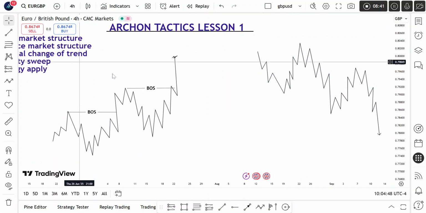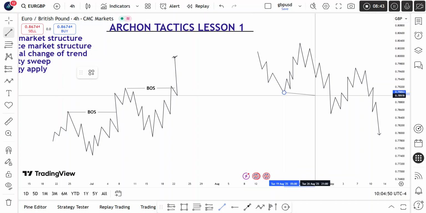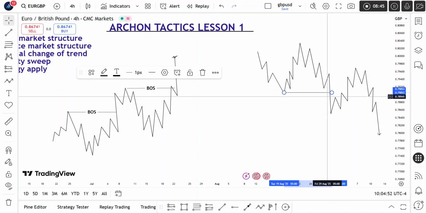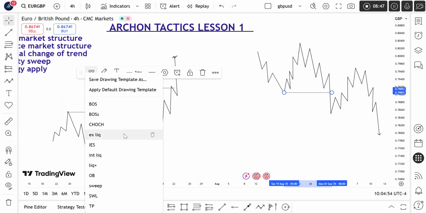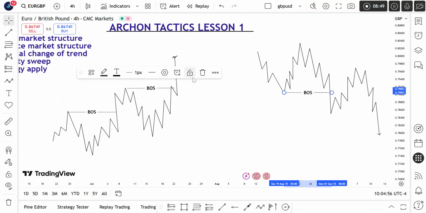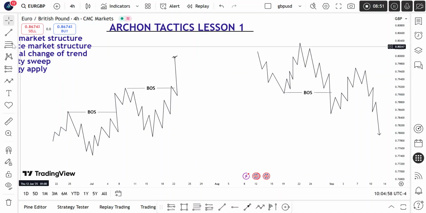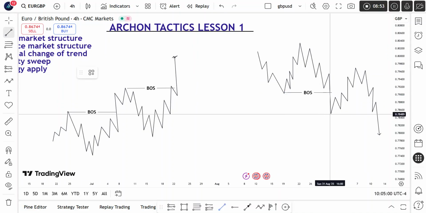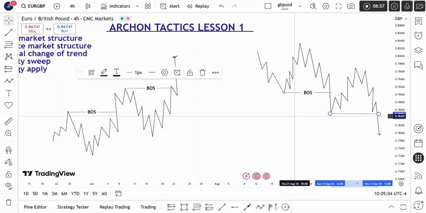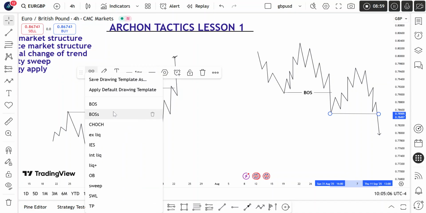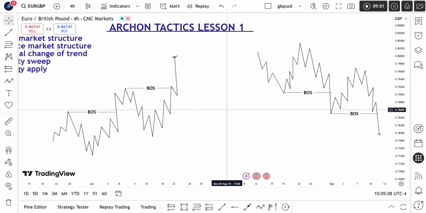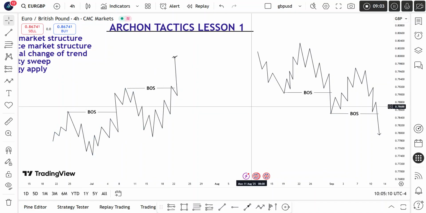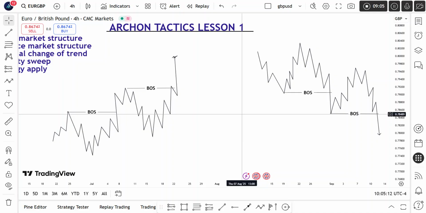The other one was just to represent somehow that we can see some big picture like this, how it's working exactly. This is it. We're seeing a BOS again. This is how the market is moving.